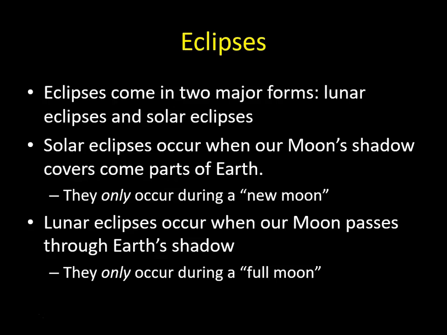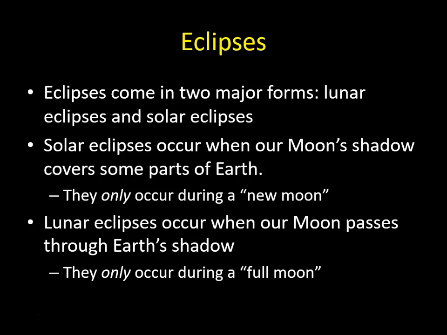So they come in two major forms, lunar eclipses and solar eclipses. Solar eclipses happen when our moon's shadow covers some parts of Earth. That should say some parts of Earth. So since there's a mistake in that PowerPoint, I can do this nice little miracle of video editing and say, fix it, whoosh, and it's fixed. So solar eclipses only occur during a new moon.